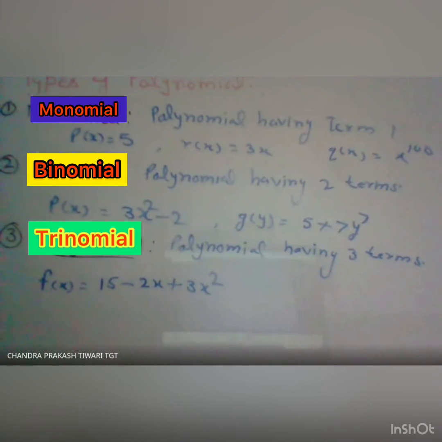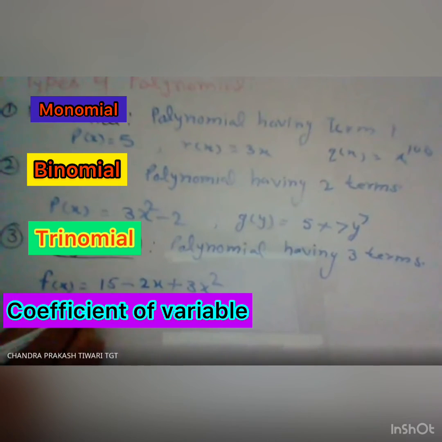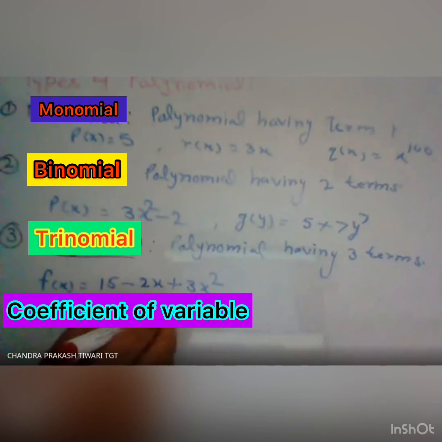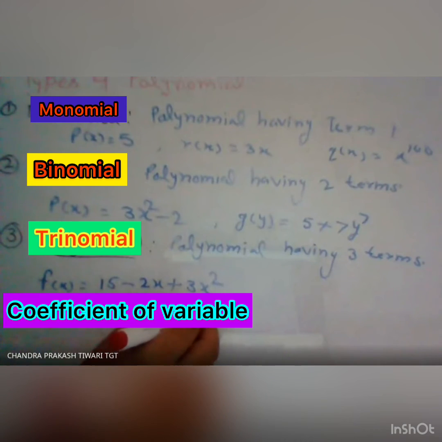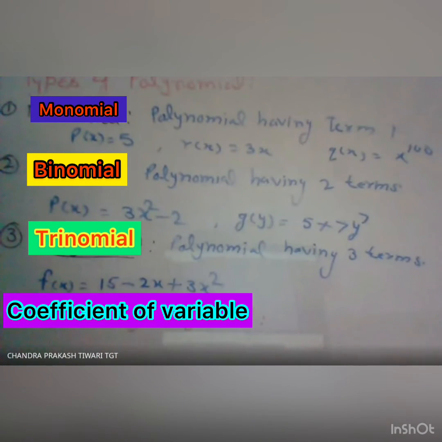Now, how can you find the coefficient of a polynomial? Dear students, the multiple of the variable is always known as the coefficient of that polynomial.